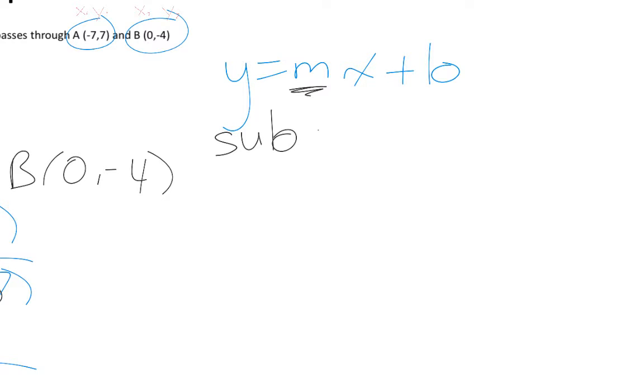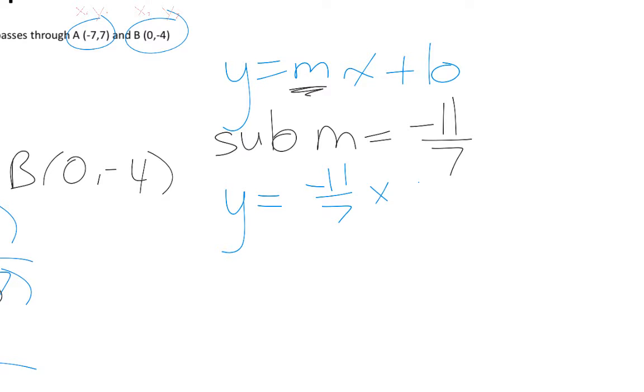The slope value is negative 11 over 7. So that's going to be negative 11 over 7x plus b. Remember, we want to figure out this value of b. However, we don't know what x and y are. X and y represent any point on this line. We were given 2 points on this line, so you can use either of these.